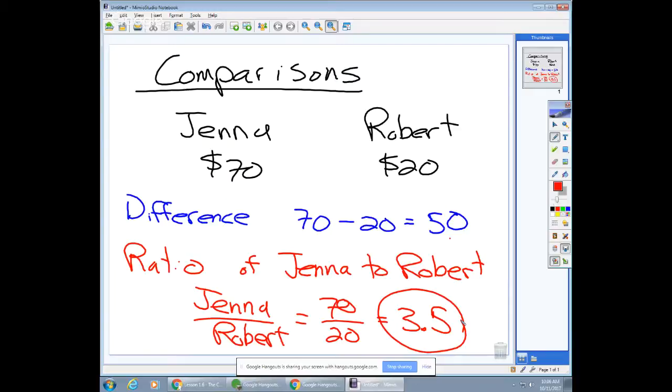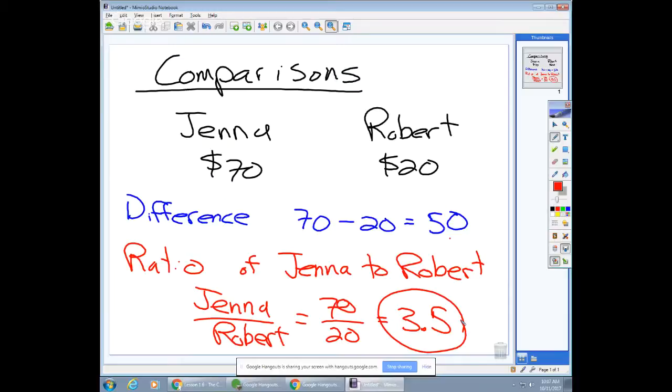But this is something that's going to come up over and over and over again, these kinds of comparisons. Not to put pressure on you, but I feel like it's the most important thing in the course all quarter. It's a big deal. What does that 3.5 mean?